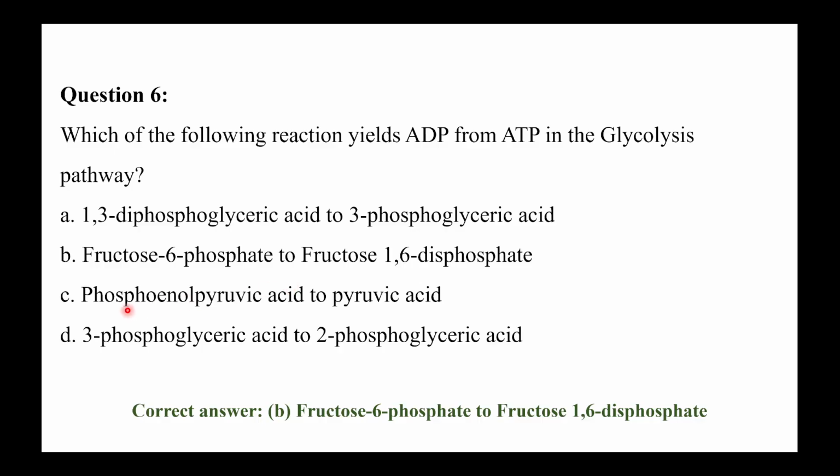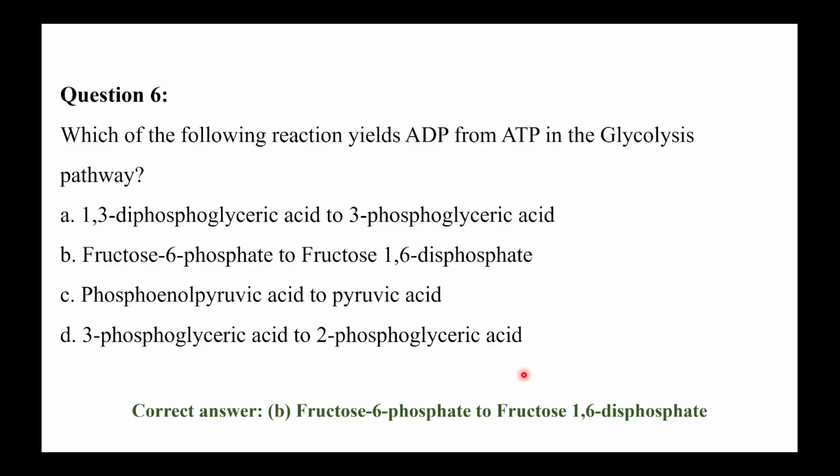Third option, phosphoenol pyruvate to pyruvate, is also a dephosphorylation reaction where phosphate is removed from phosphoenol pyruvate to become pyruvate. The fourth option, 3-phosphoglyceric acid to 2-phosphoglyceric acid, has no addition or removal of phosphate, only the position of phosphate is changed. So this is also not the correct answer.